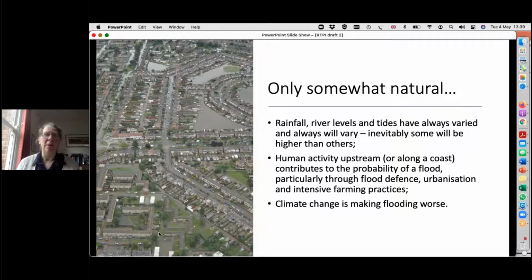More generally, urbanisation and intensive farming practices tend to speed up the flows of water. So what might have previously infiltrated into soil runs along a road or along a pipe and leads to a much more flashy flood. So all the water comes quickly and arrives in the river at the same time, causing a much bigger flood peak.